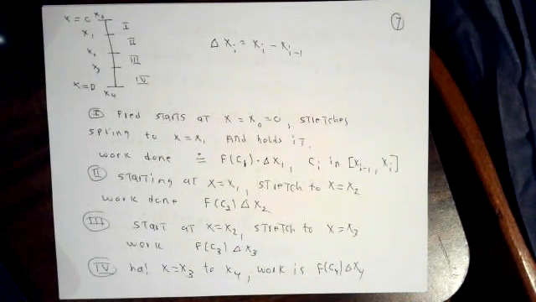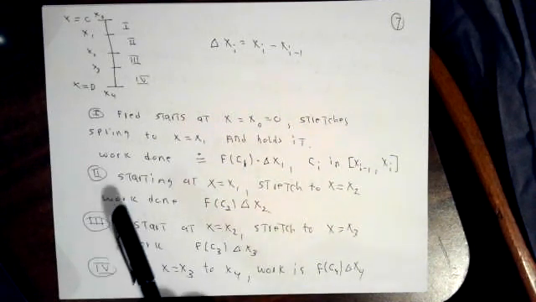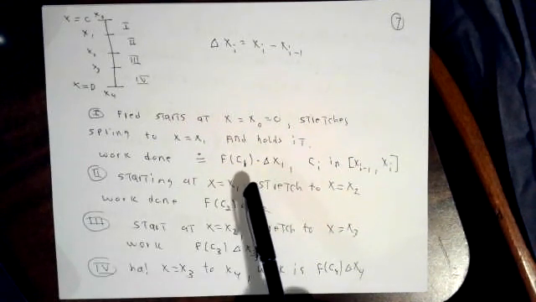The force is going to be represented by f of c1, where c1 is some x number in that first subinterval. So the force on interval number 1 times the distance for interval number 1 is going to give me approximately the work done on subinterval number 1.